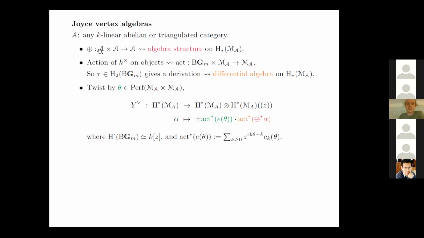Essentially, it needs to be compatible with this direct sum map and this action map. But MA is some kind of space. It belongs to some class of, at least DG, maybe infinite stacks. I don't know. It depends on your taste. And with some additional structures.